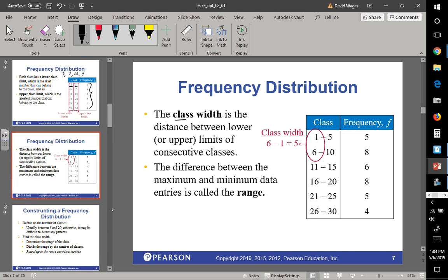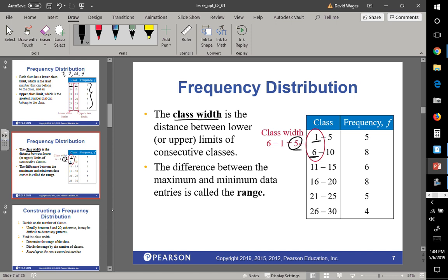So the class width, that is just the distance from the lower limit of one class to the lower limit of the next class, or the upper limit from one class to the upper limit of the next class. Notice here, if you take 6 minus 1, that is 5, so the width of each class is 5.